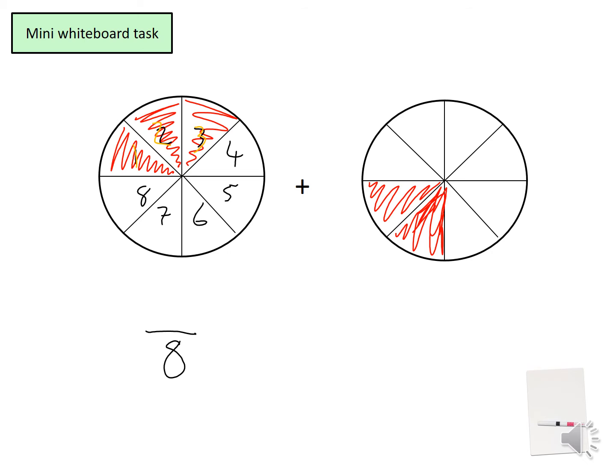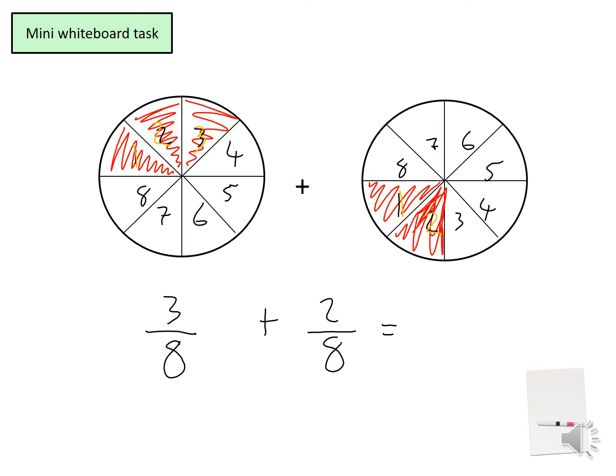So I have 3 out of 8, 3/8, plus over here on the right hand side, again I have 1, 2, 3, 4, 5, 6, 7, 8. I'm also dealing with 8, and out of those 8, 2 are shaded. So we are going to do 3/8 plus 2/8.